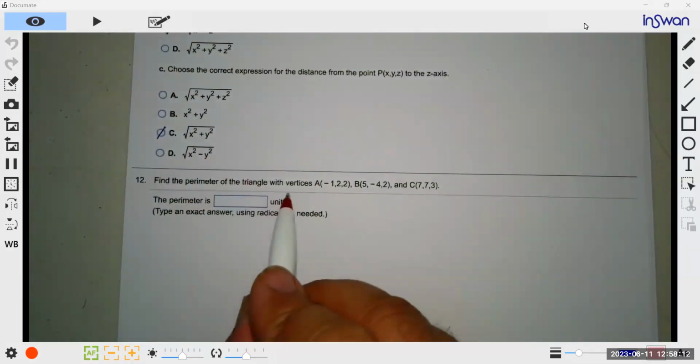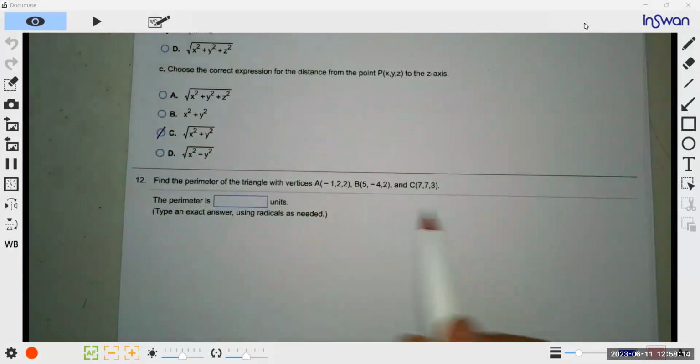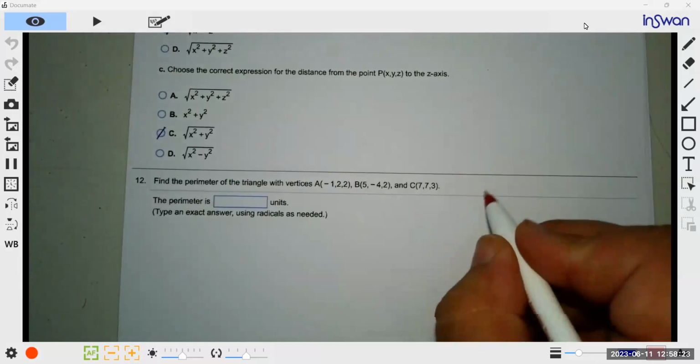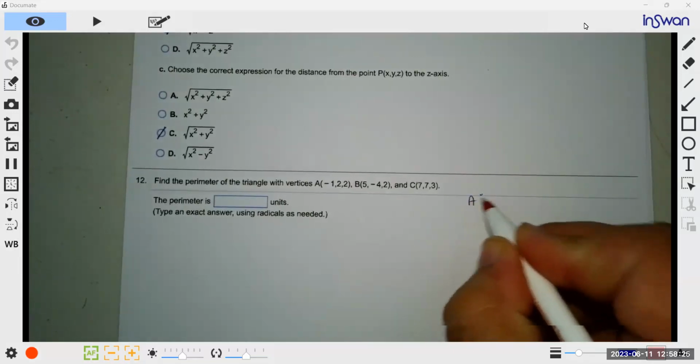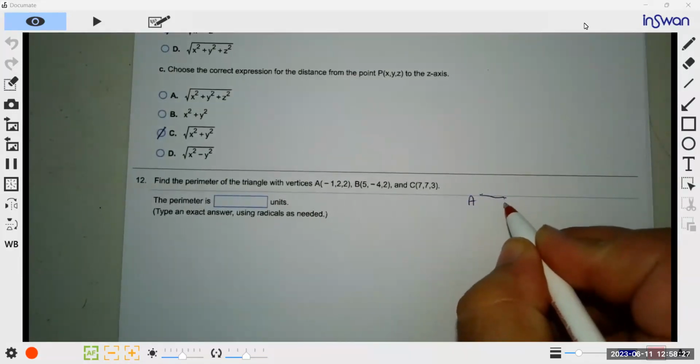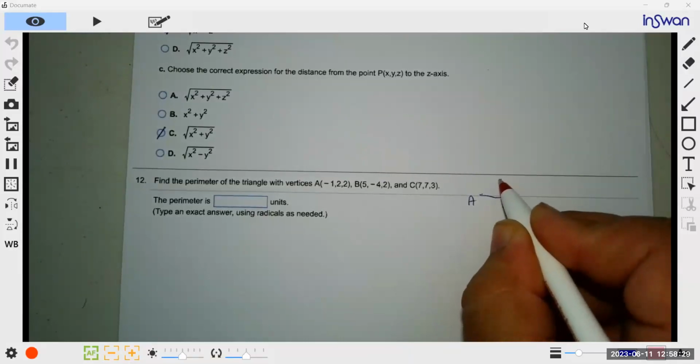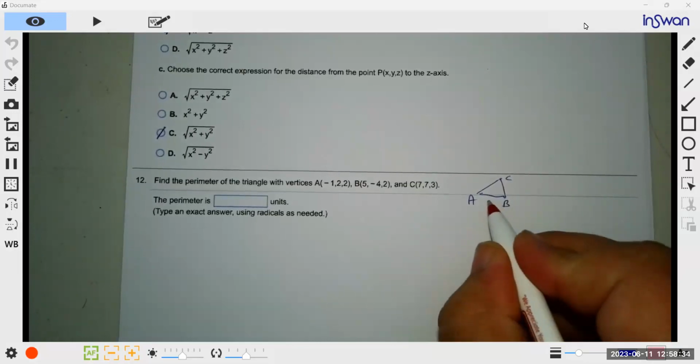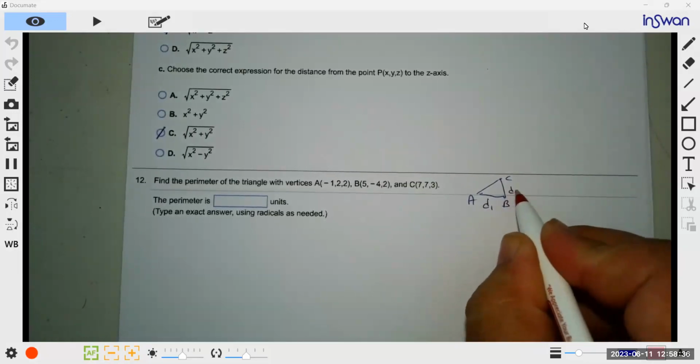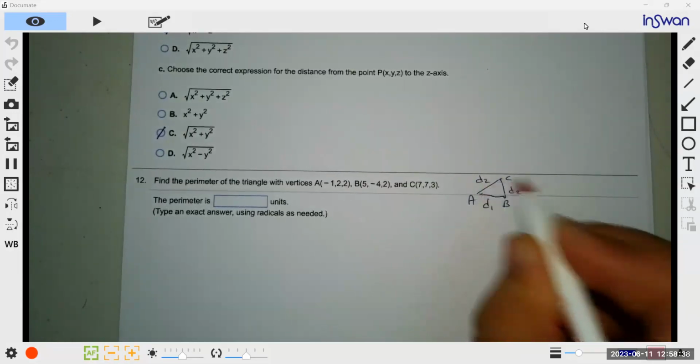Find the perimeter of the triangle with vertices A, B, C. All right, so this one's going to take some work, because in order to find the perimeter, we have A, we have B, and we have C. We have to find these distances.